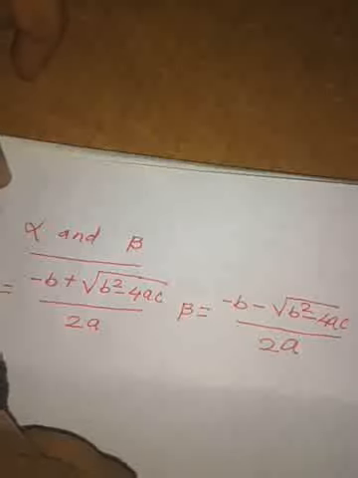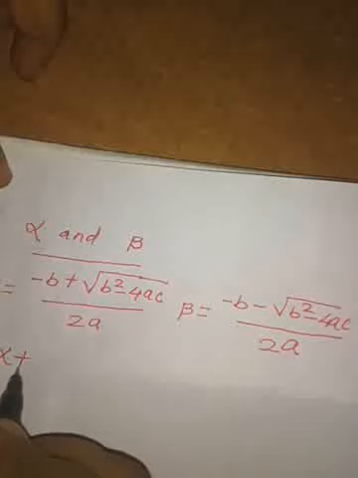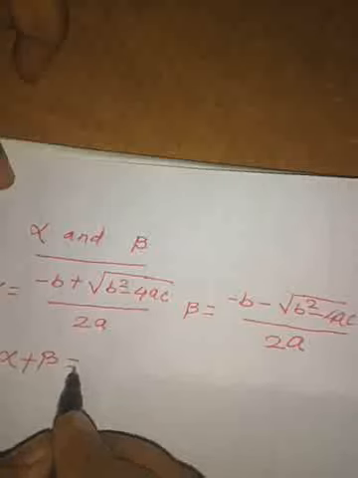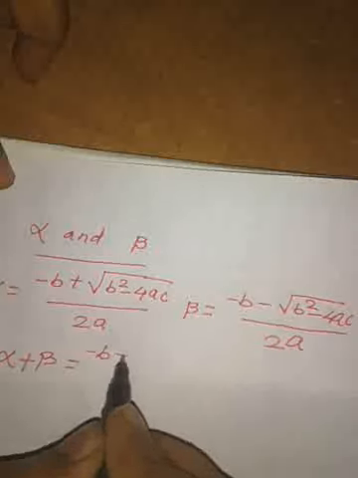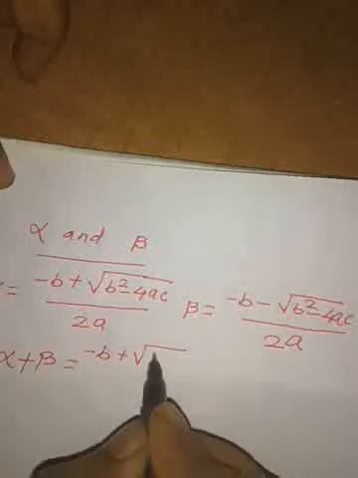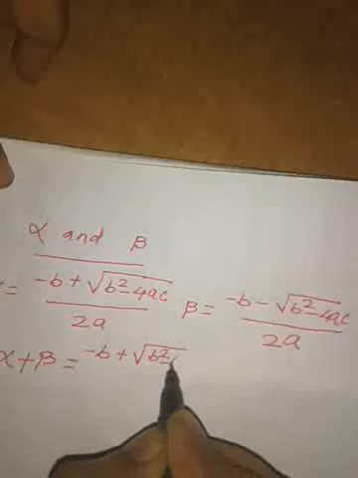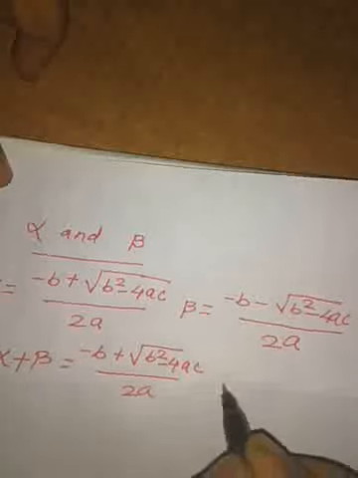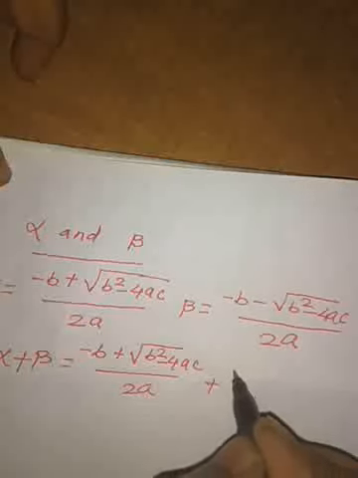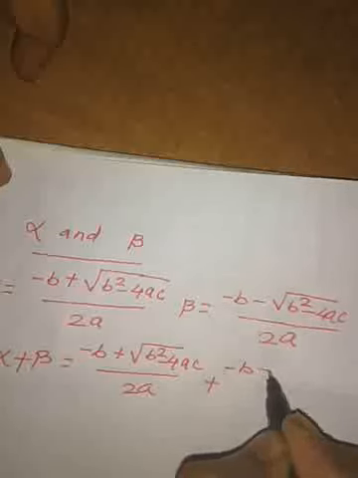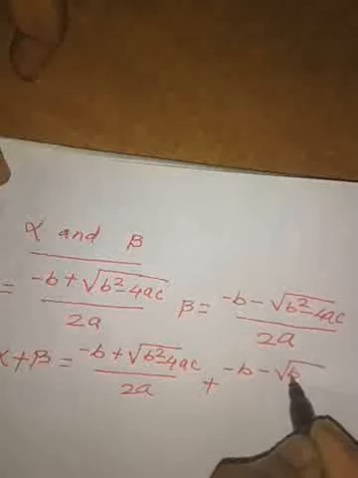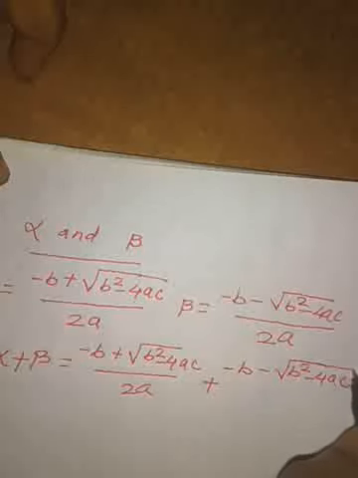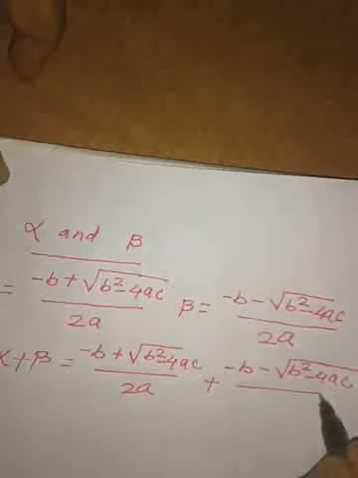Then if we add these two roots, we get alpha plus beta is equal to minus b plus square root of b square minus 4ac upon 2a, plus the value of beta, minus b minus square root of b square minus 4ac upon 2a.